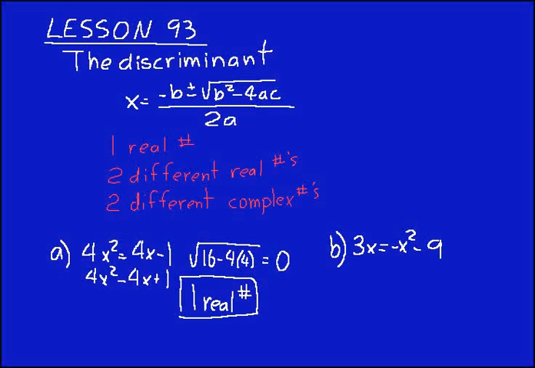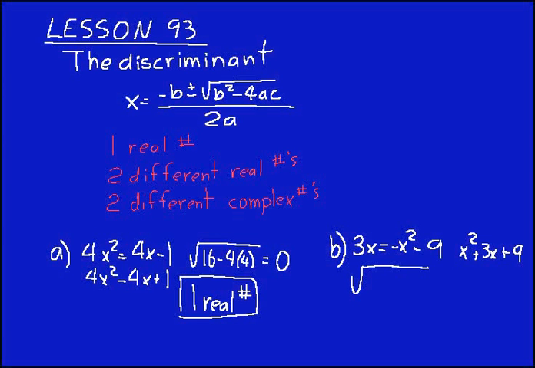Let's do one more. Let's rearrange this first and get it in standard form. And so we'd say x squared plus 3x plus 9. And I want you to tell me what type of solution we'll get. And so you just substitute into the discriminant, because it discriminates between those three types of solutions.